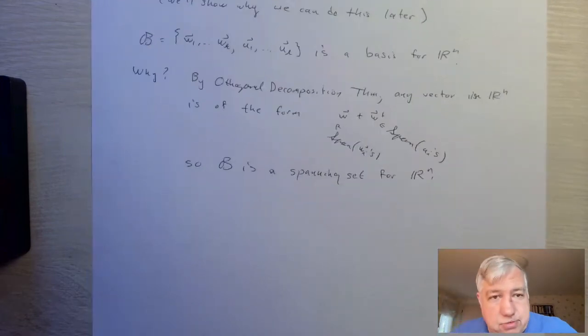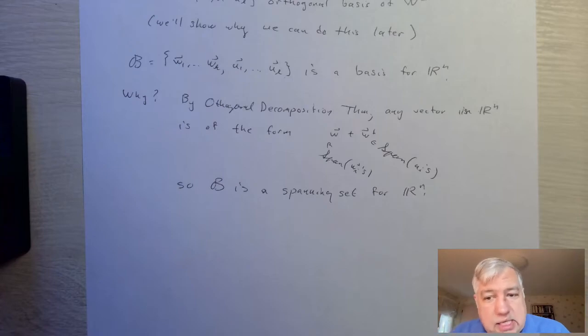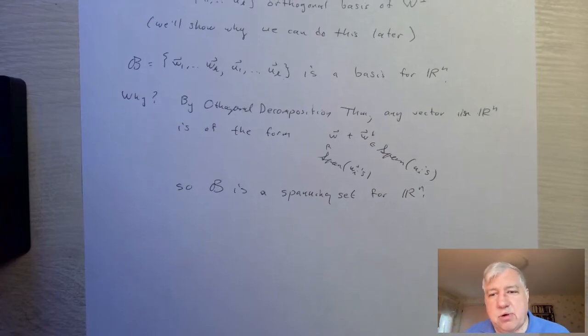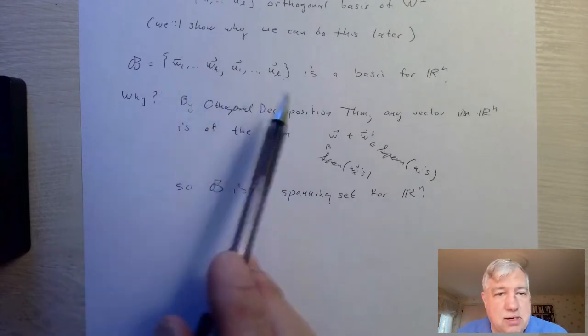Now the only thing else we have to see is why it is linearly independent. Well, it's linearly independent because we're going to show that this is an orthogonal set.